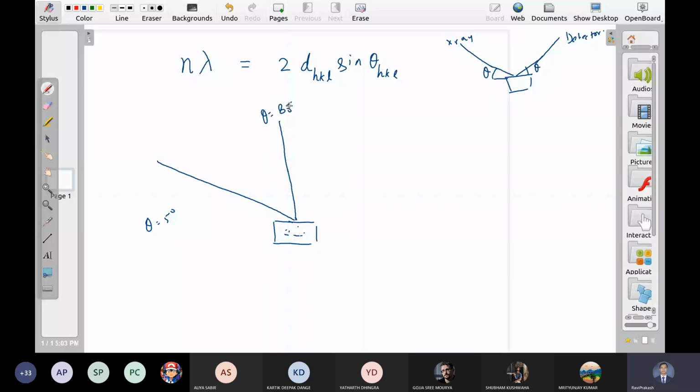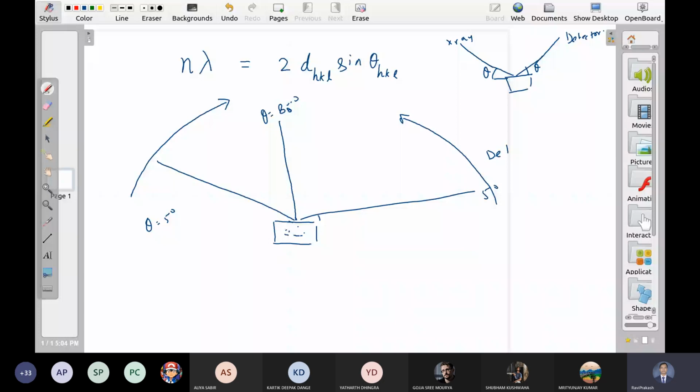So this X-ray source is moving clockwise. Correspondingly, the detector is moving anti-clockwise. When the X-ray source was making angle theta of 5 degrees, the detector was also making 5 degrees. This is the detector on this side.